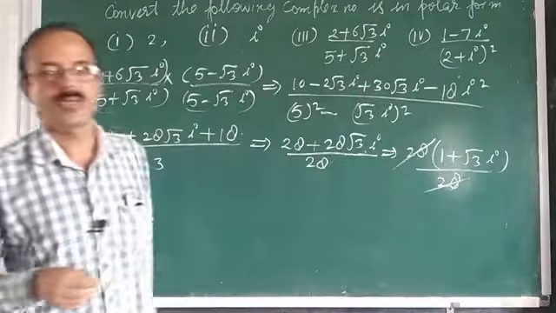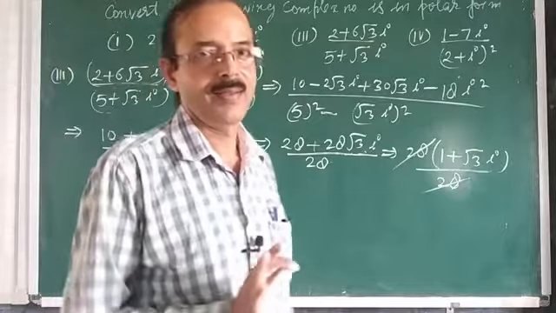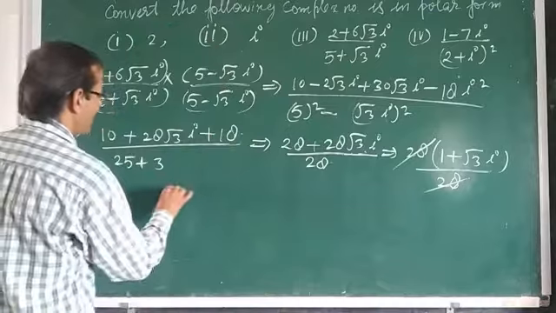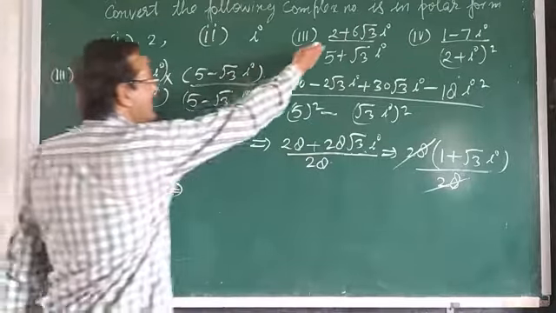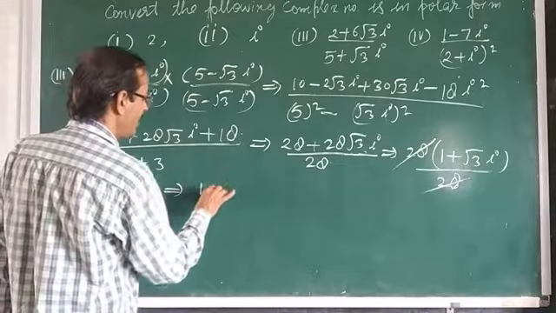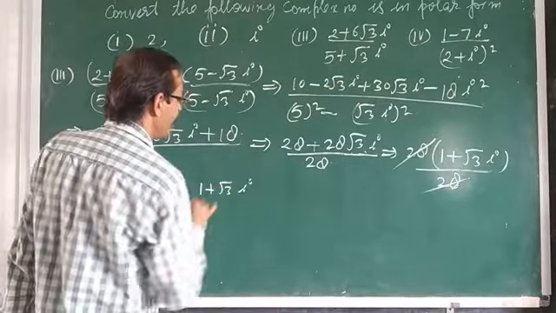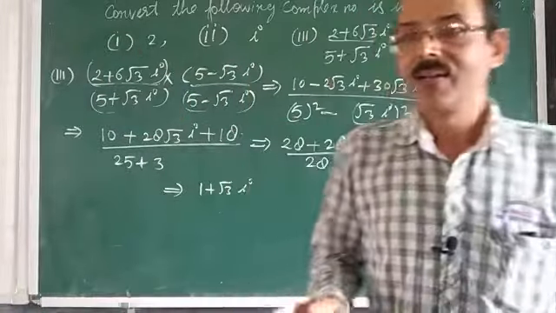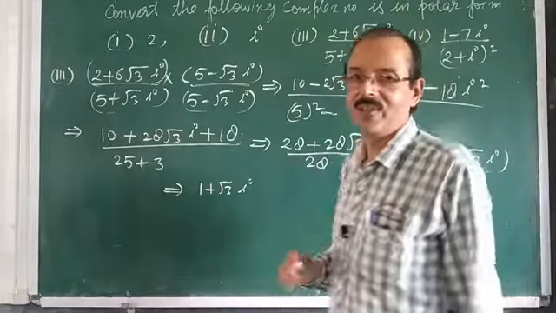This 28 cancels. Right? Now the complex number came in the standard form 1 plus root 3 iota. Now you have to convert this into polar form.